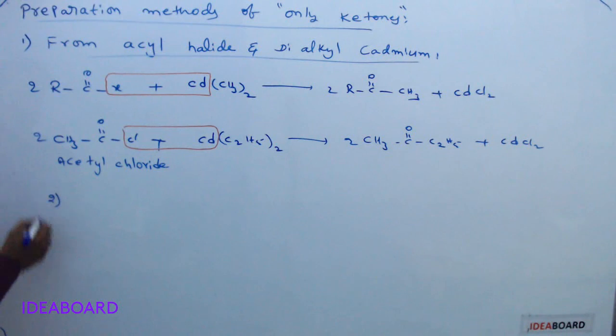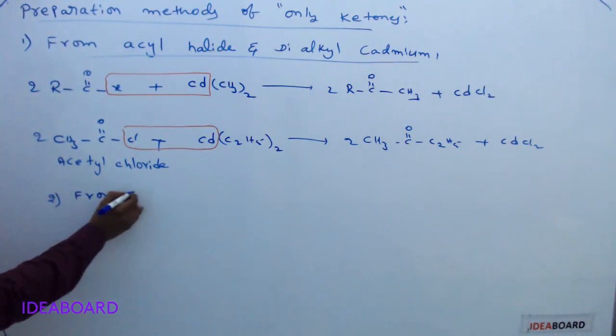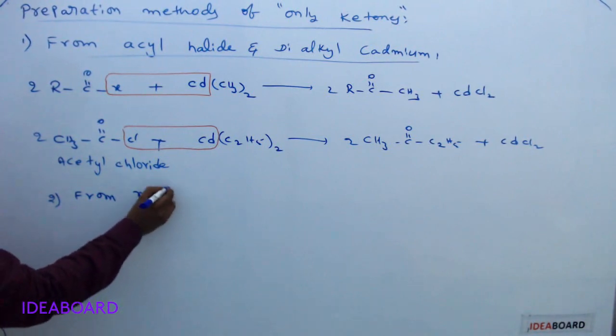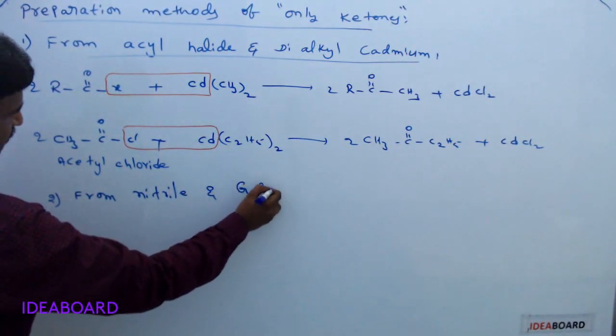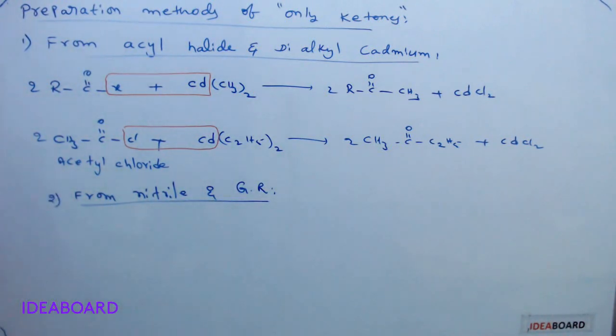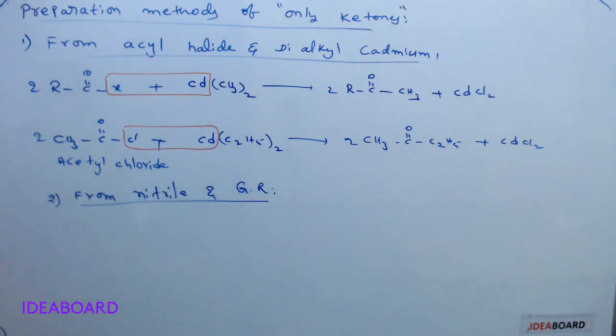And the second one is from nitrile and Grignard reagent. This method is used for both aliphatic ketones and aromatic ketones.